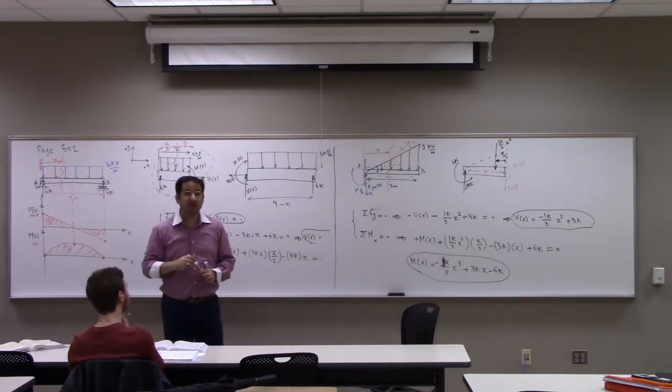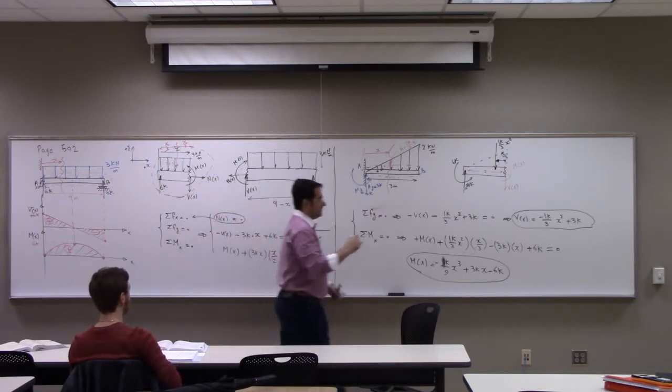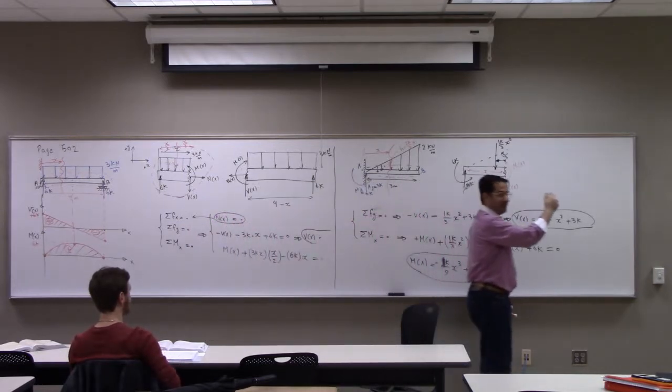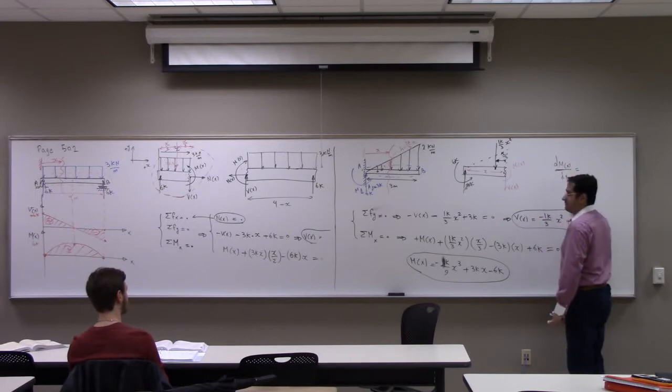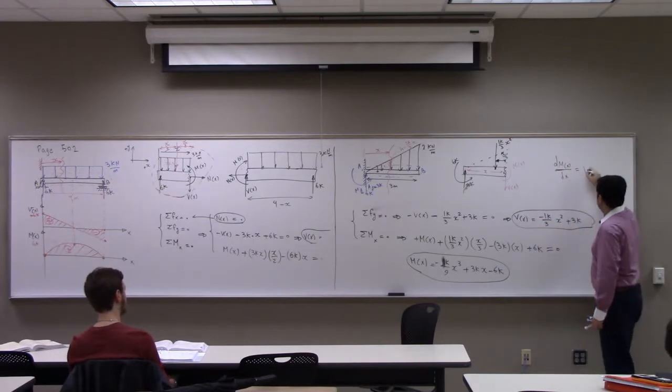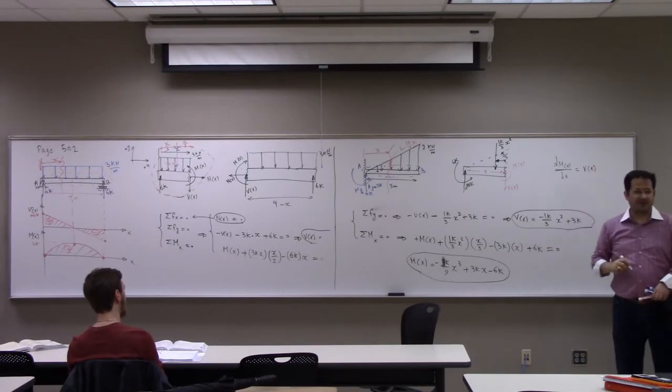Is that a derivative? Which one is it? Vx is the derivative of Mx. I should write here. The derivative of Mx with respect to x is equal to Vx.